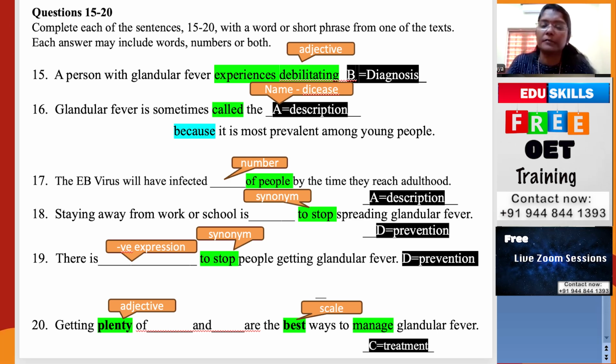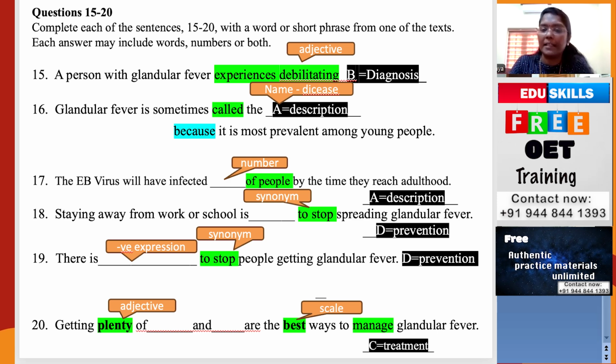Okay, next slide. Text C. What is the heading of text C? Please respond. Treatment. Okay. You have to check whether you have underlined or not. Streptococcal, that is the name of the bacteria, you have to underline. Then the main is the scale. Then plenty of rest.